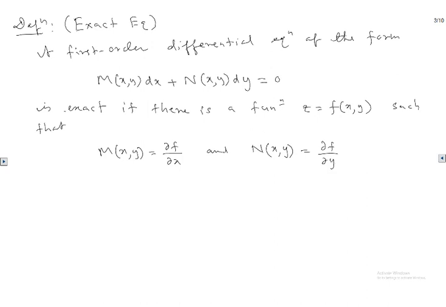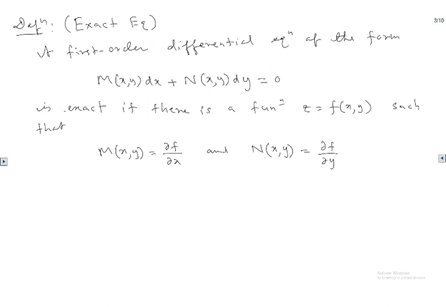So that means if you can find a function such that the partial derivative with respect to x of the function is equal to the M function and the partial derivative with respect to y is equal to the N function. If you can find such a function f(x,y), then we call this differential equation exact.